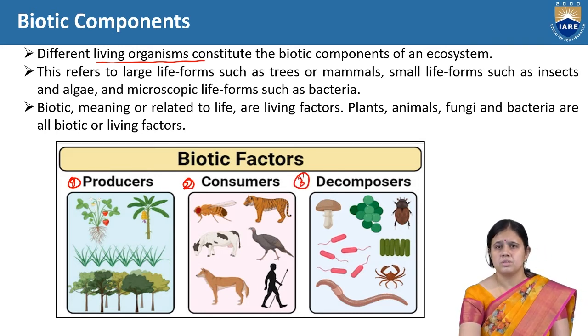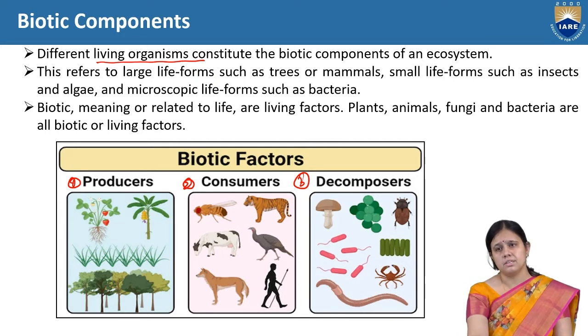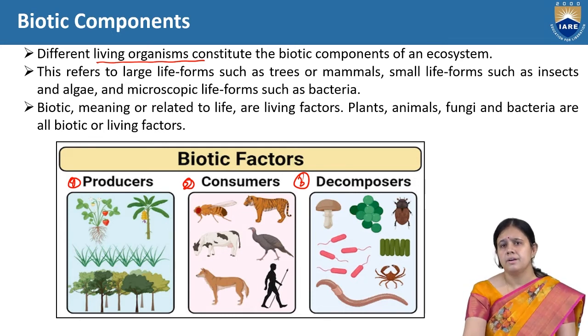Producer means that will produce energy. Consumer means that will consume energy. Decomposer means that will decompose all this decaying material and convert it into useful substances from the dead body of any organism. So biotic components refer to large life forms such as trees or mammals, small life forms like insects and algae, and microscopic life forms like bacteria.